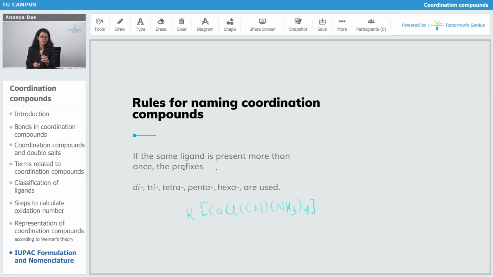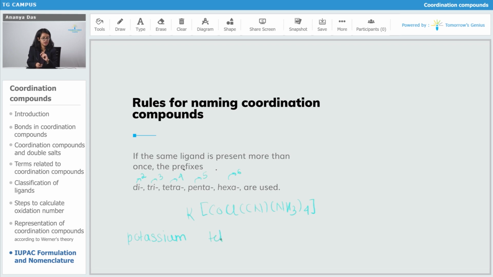This is our complex. So, potassium. Then, as I told you, you have to write amine's name first because it starts with A. But there are 4 amines present, so you will write tetra. Tetra stands for 4, di stands for 2, tri stands for 3, penta stands for 5, hexa is for 6.